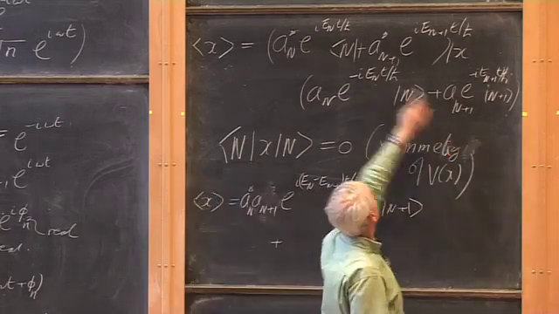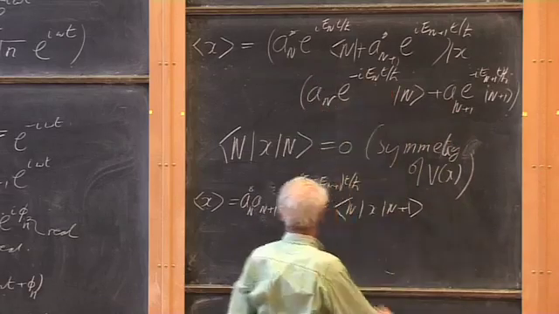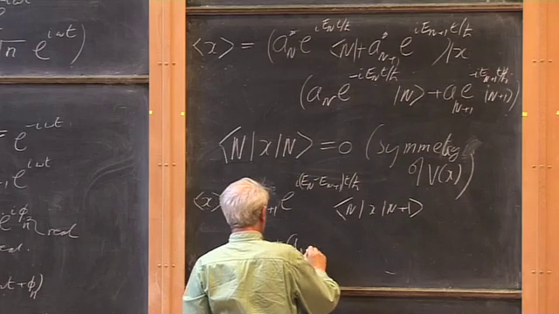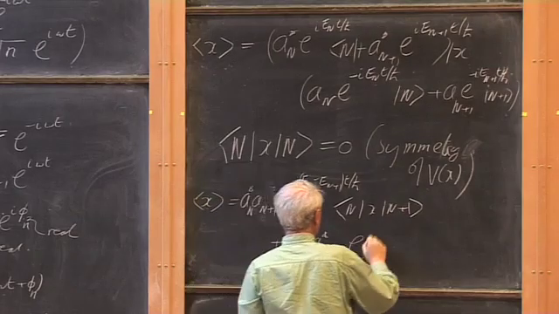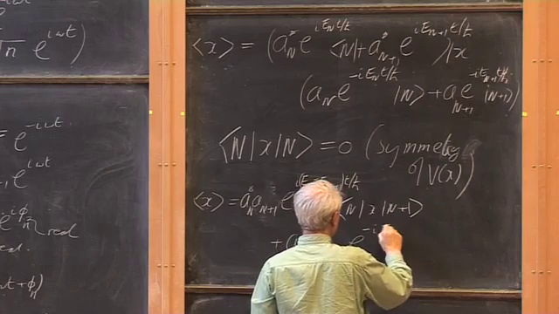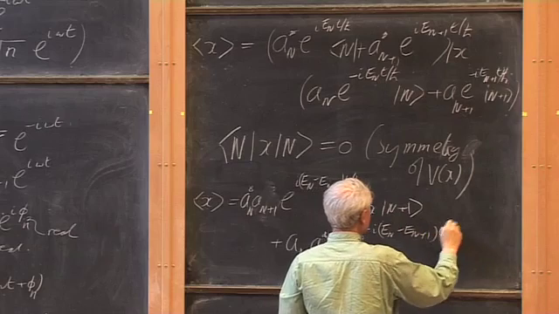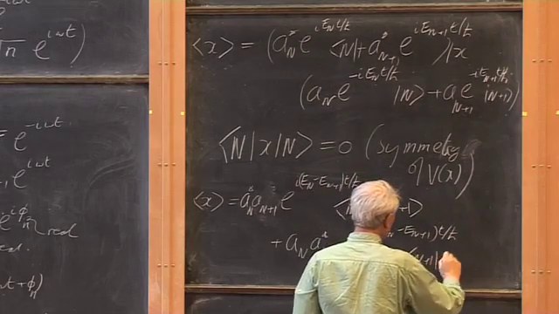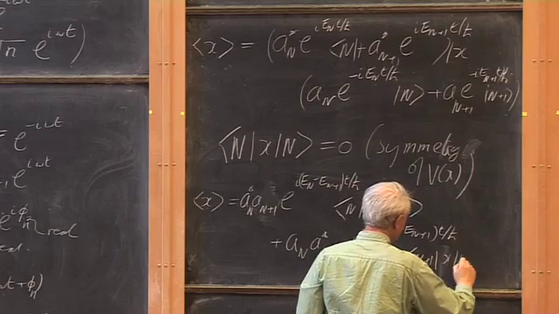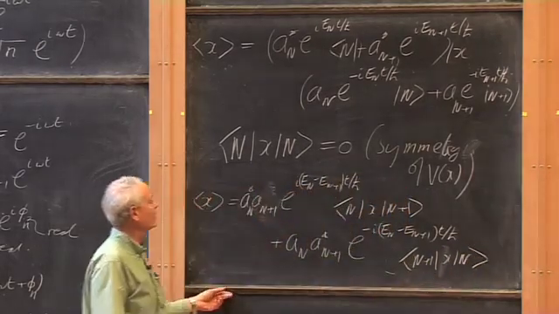So that's that on that, and then we will have this on this, a_(n+1) star e to the minus i (E_n minus E_(n+1)) t on h bar times x_(n+1,n). Hope I've done that right.